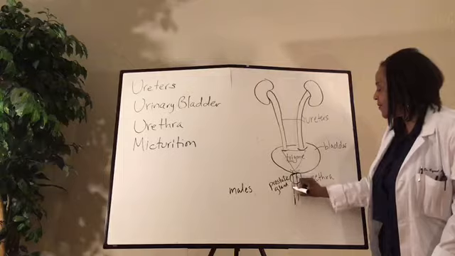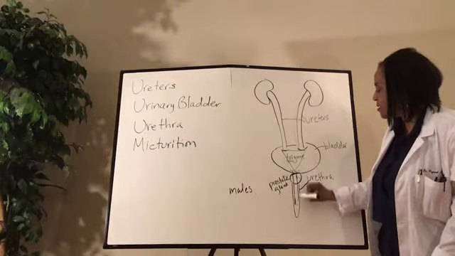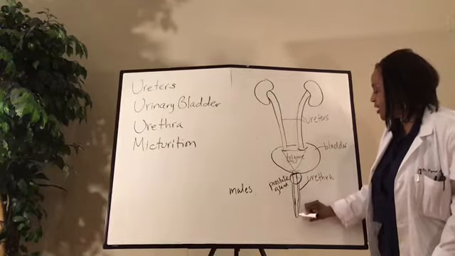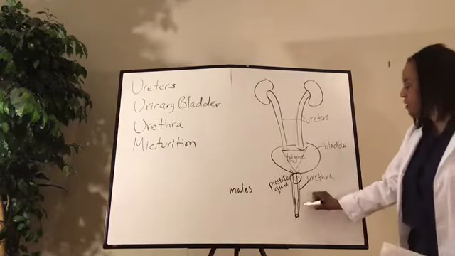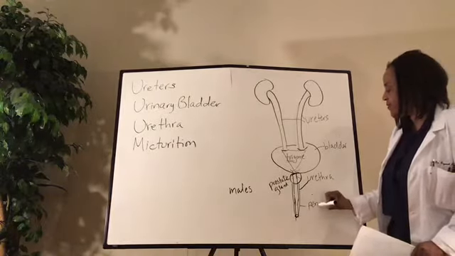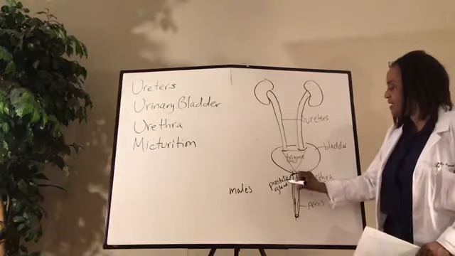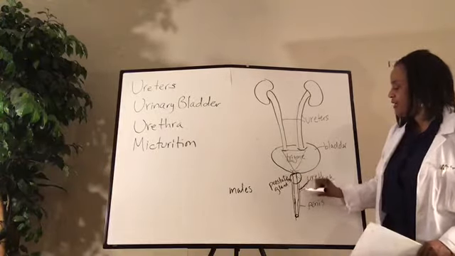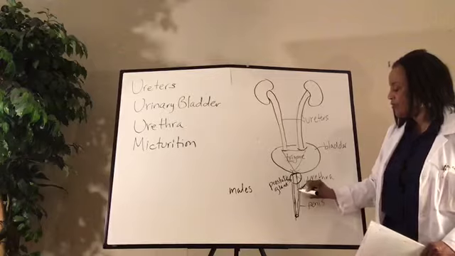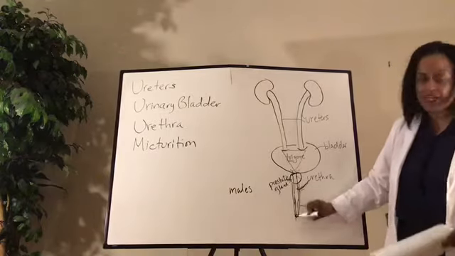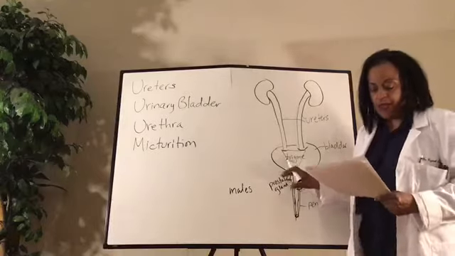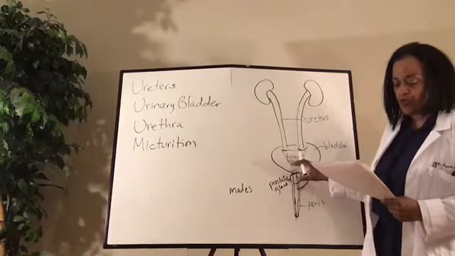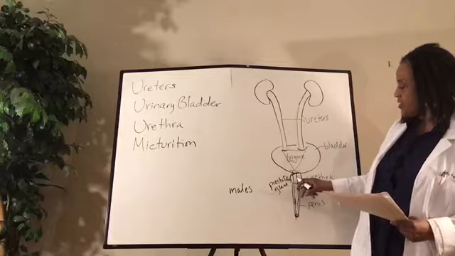I'm just going to put the urethra all the way down so that you'll know that's where the urine comes from, the tip. Oh, and this is the penis here. So prostate gland here, urethra here, and it's going all the way down to the tip of the penis. So in males, the urethra passes through the center of the prostate.